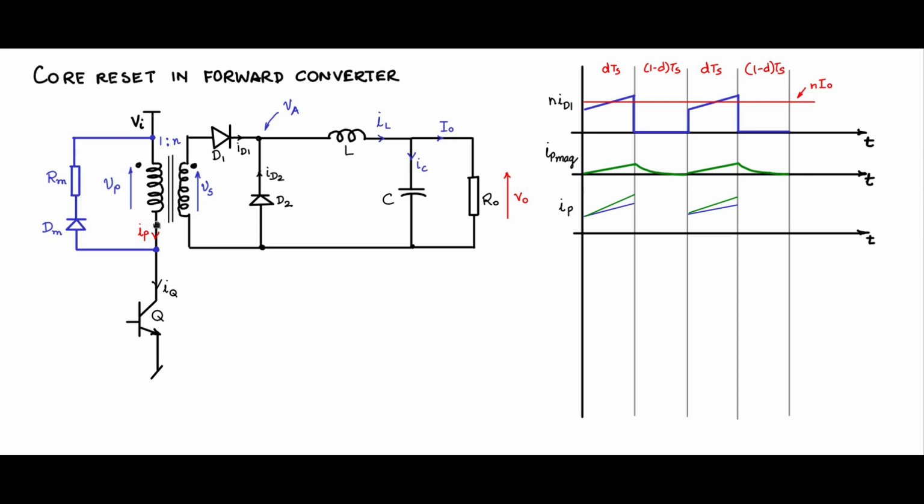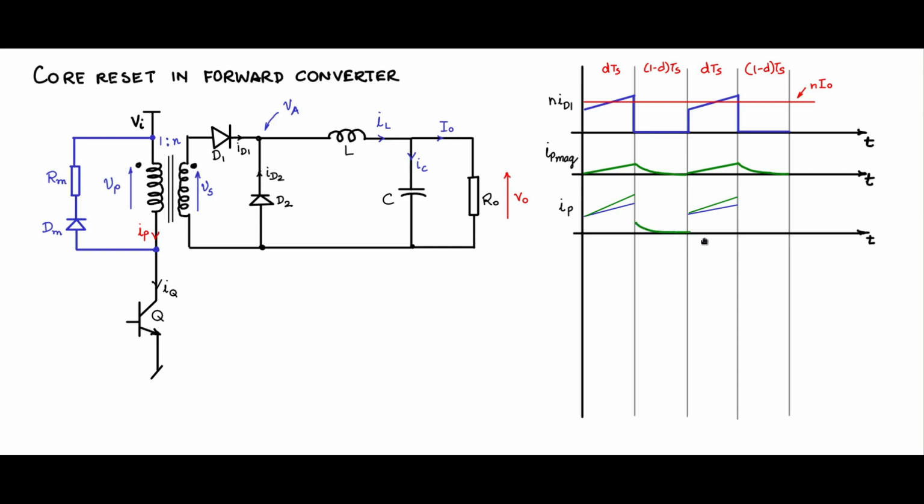So now what will be the IP? In the IP waveform, this same thing will repeat. You will see a drop because the moment Q is off, the reflected component vanishes, the ID1 component vanishes, that becomes 0, and only the IP mag component will come into the picture.